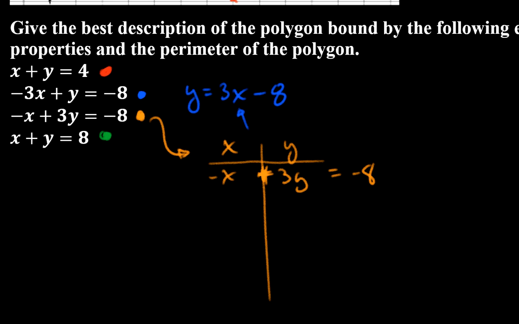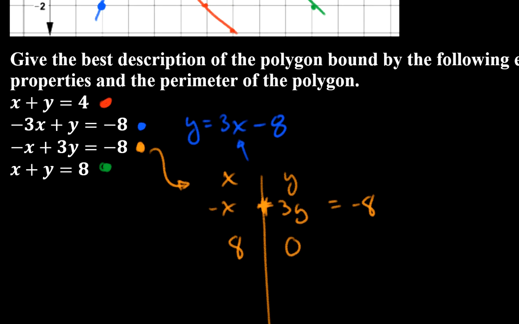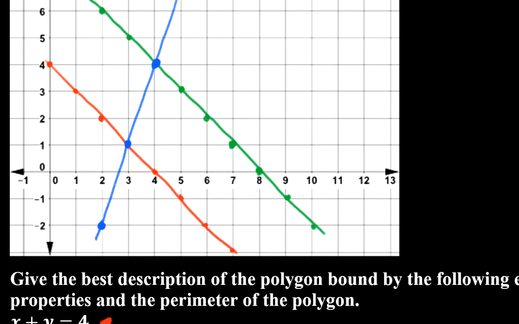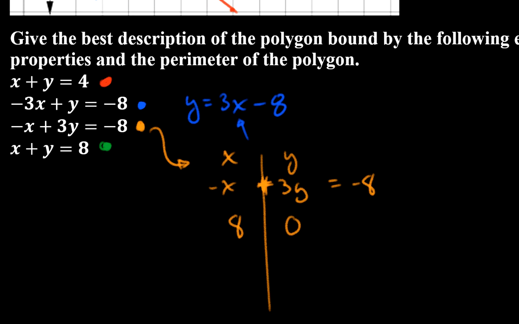So let's say, I need to pick something for the y because it's 3 times something. Let's say y is 0. Then x would have to equal positive 8. Oh, that's a point. Is that graphable? Is that true?